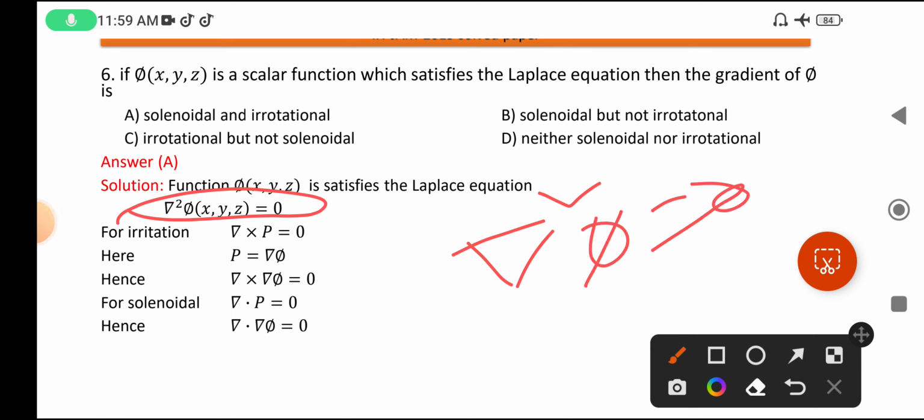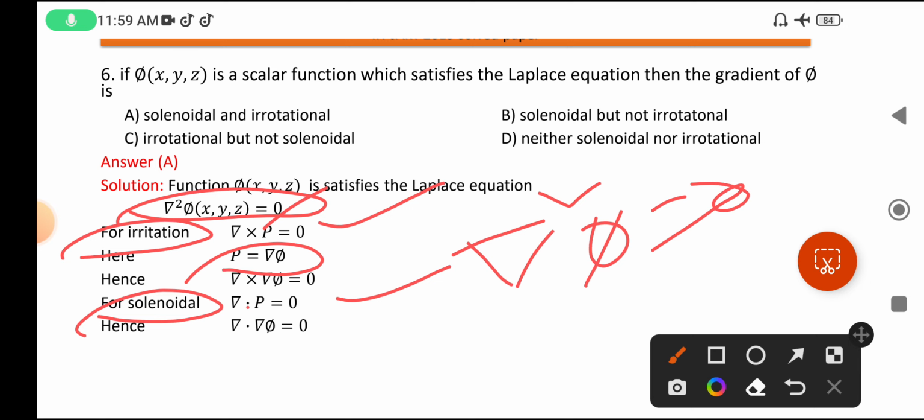But for irrotational, del cross p must be 0. For solenoidal, del dot p is 0. This is 0 when p value is del phi.